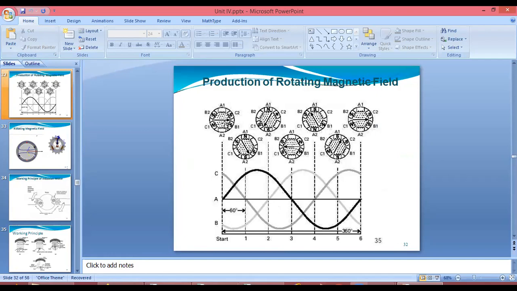When we give the power supply to your DC motor, I am now explaining about the DC motor, which we have studied in our third unit. Torque is nothing but the quantitative measurement of force and the radius.